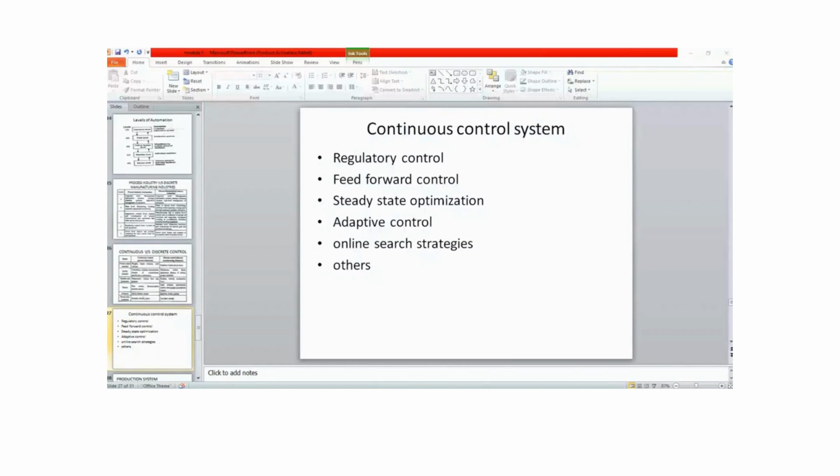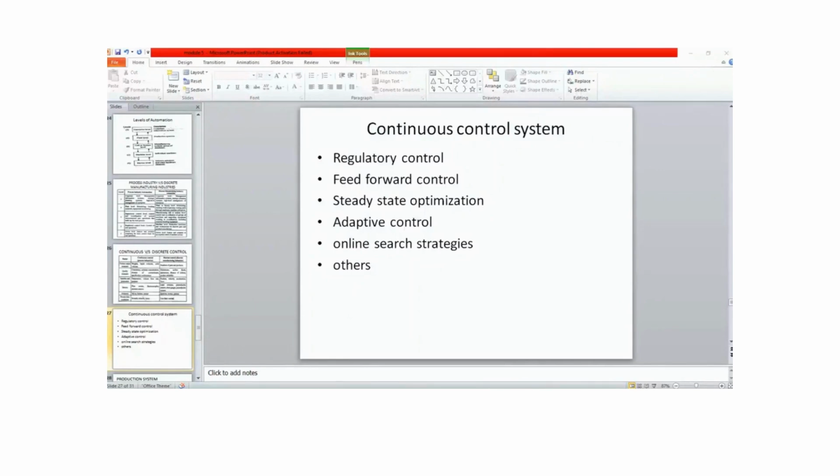What are the parameters we should consider in order to maintain the overall output of the industry? In a continuous control system, it can be achieved in a number of different ways. In those different methods, we are going to consider this list.